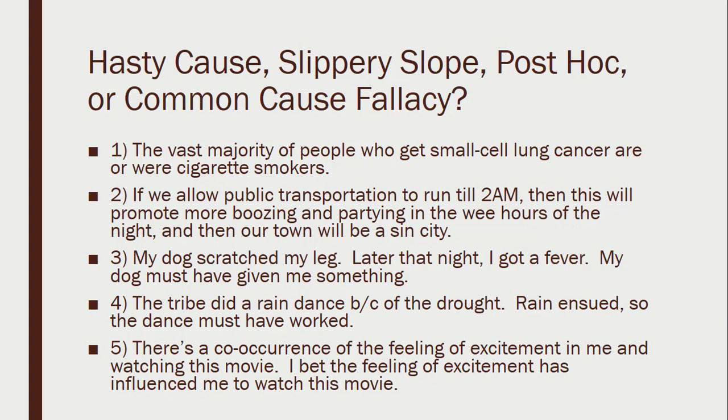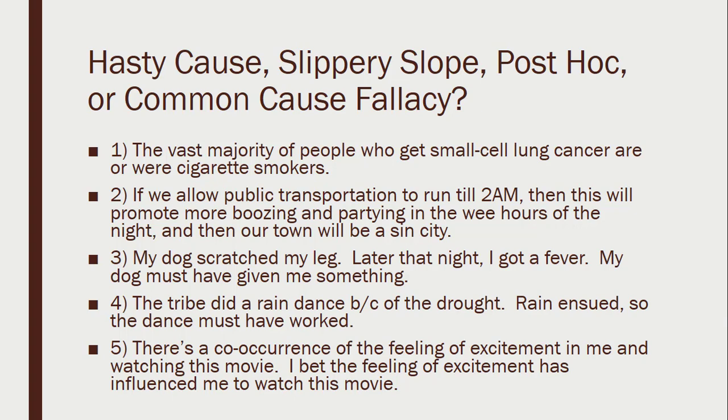Next, there's a co-occurrence of the feeling of excitement in me and watching this movie. I bet the feeling of excitement has influenced me to watch this movie. So in this example, what we have here is a statement of co-occurrence. In other words, they're correlated. Notice here there is no explicit mention of time, that one precedes the other.